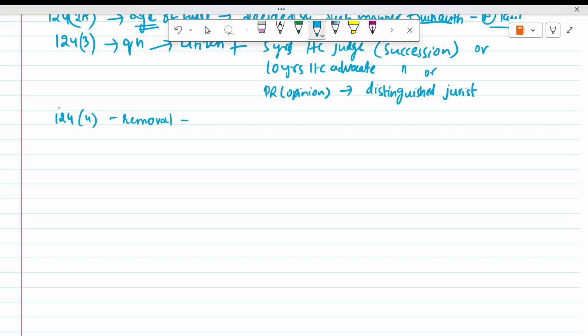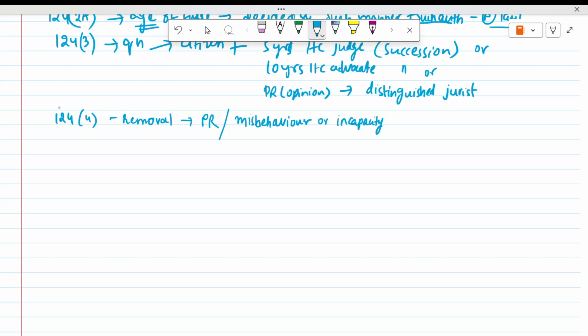This removal can be done by the President. This is the first point. And on what grounds can he do it? Proved misbehavior or incapacity. These are the grounds of removal.